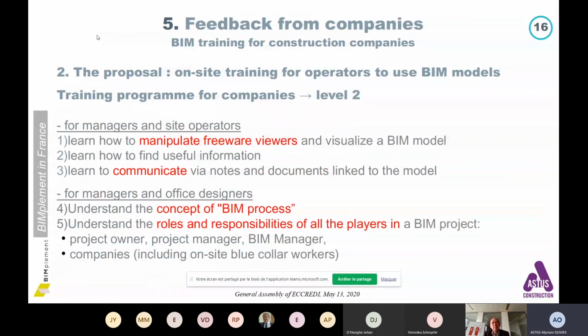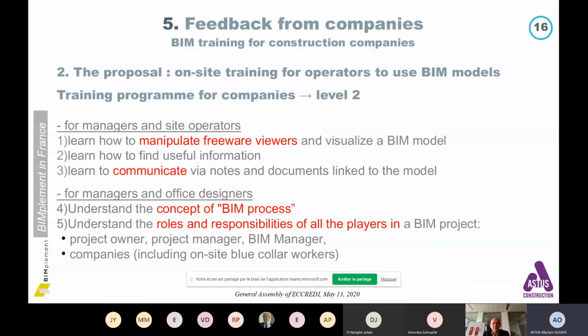From our experience, we considered that what we call level 2 is the way: once you get to this level, it's possible to get to a basic, simple, but real use of a BIM model on site.